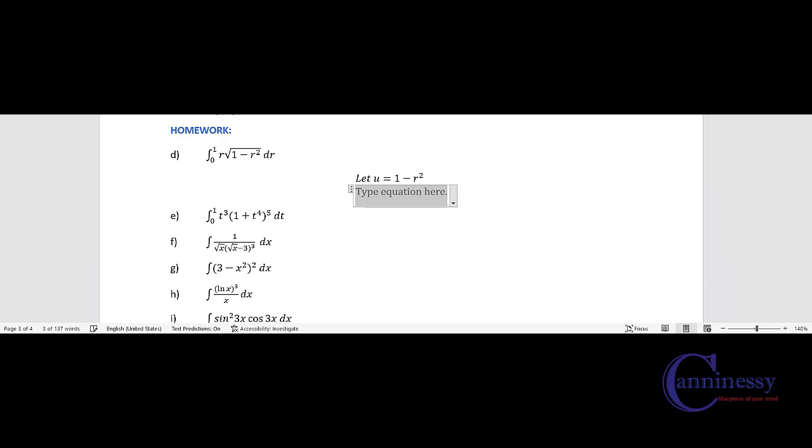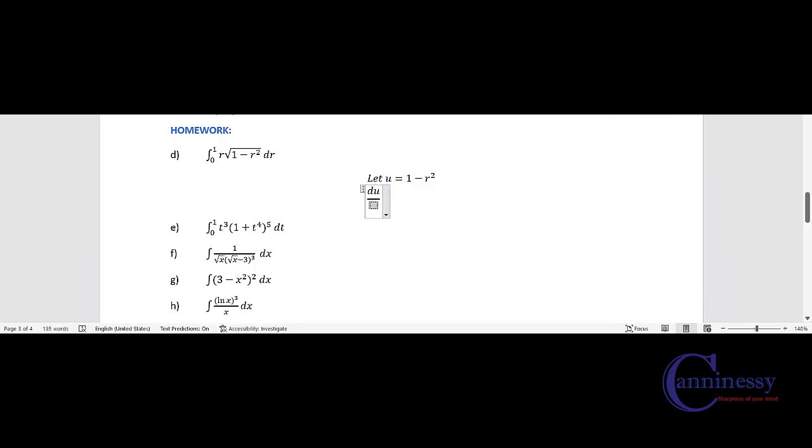Alright, now we have to differentiate. So du over dr is equal to negative 2r. Now let's make dr the subject of the formula so that we can substitute it in the original equation.